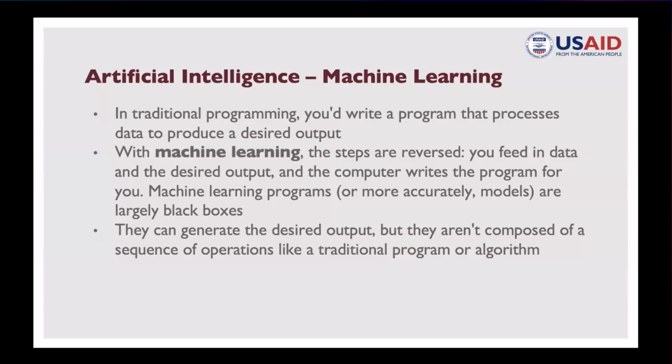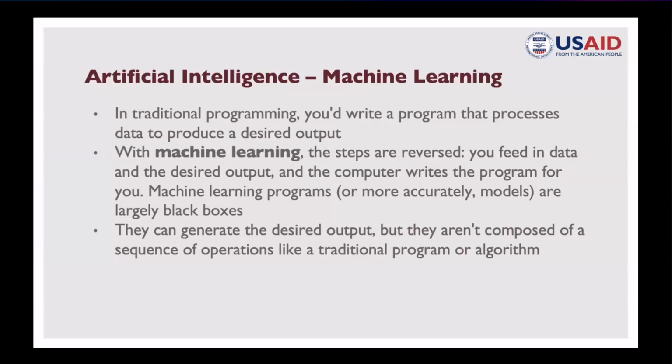Or model, okay? Now, machine learning programs or, as mentioned, models are largely black boxes. And these black boxes are actually generated using various types of learning models. Some of them are based on statistics and probability and so on.